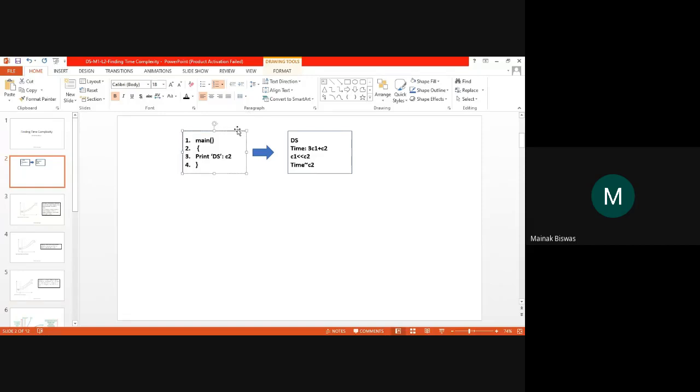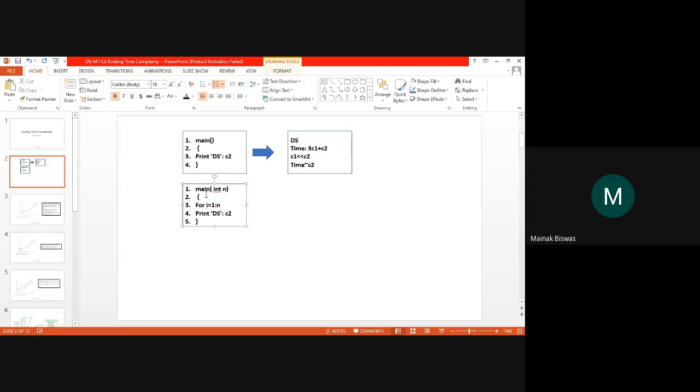Now let us say another statement. Now we will insert a for loop: i equal to 1 till n, and the input is int n.